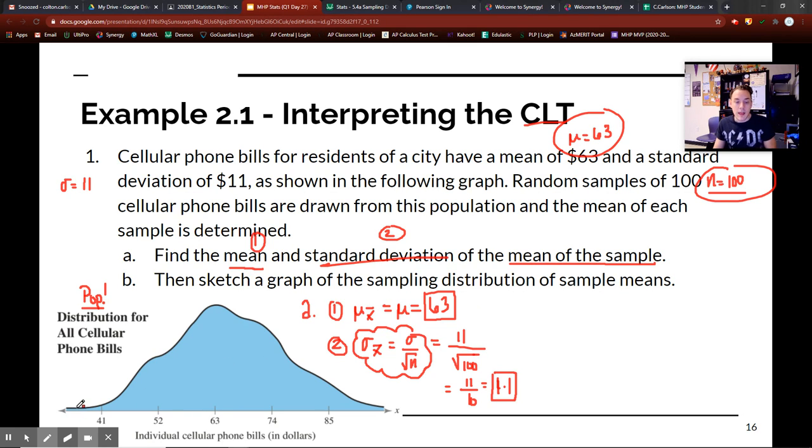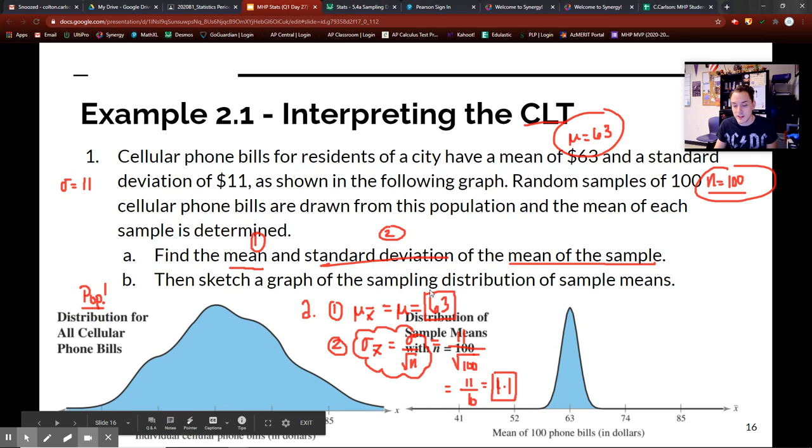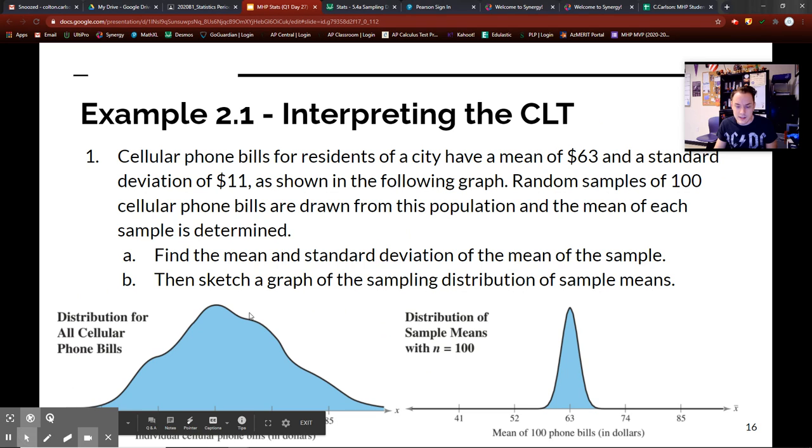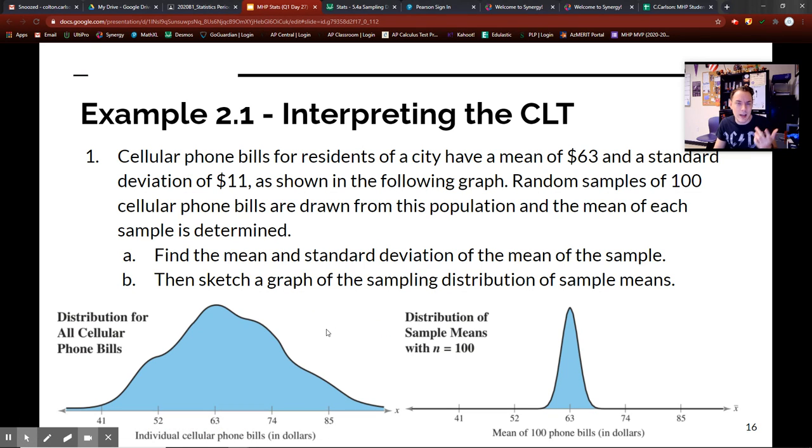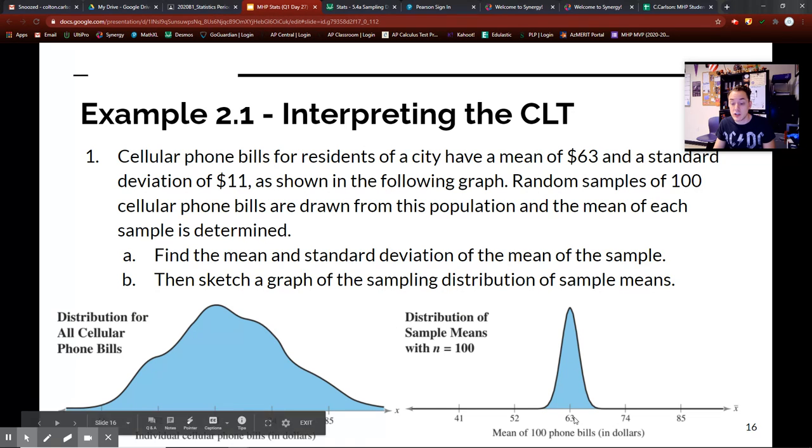So then it's going to ask you, B, sketch the graph. And the graph will look something like this, where it's just 63 in the middle, but it's normally distributed, and it has an n equals 100. I know it's kind of hard to see there, but this is really what it is. Very simple, basic graph. On Math Excel, you're just going to click A, B, C, or D. But make sure your mean of 63 is down the middle.